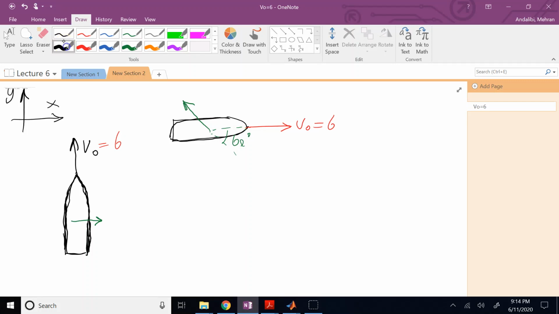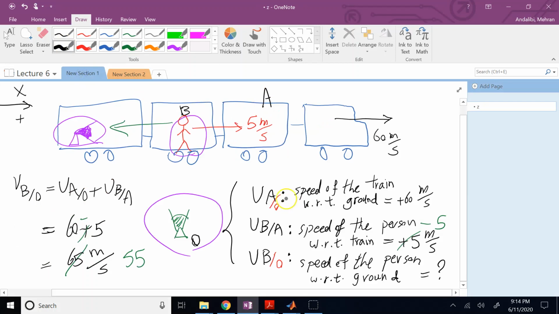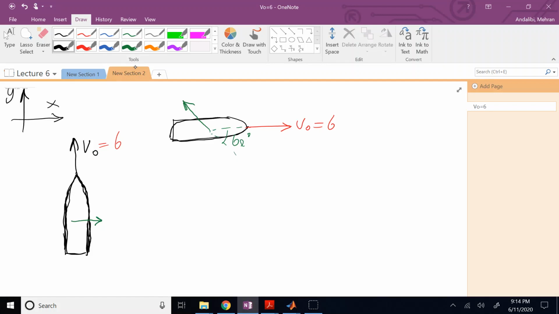So here, we're going to use the same notation that we used: O, A, and B. We use B to refer to the object of interest, A to refer to the moving reference, and O to refer to the fixed reference. So here, for us, O, since O was the fixed reference, means what? Earth, right? We assume here, for this small motion, that the Earth is fixed.